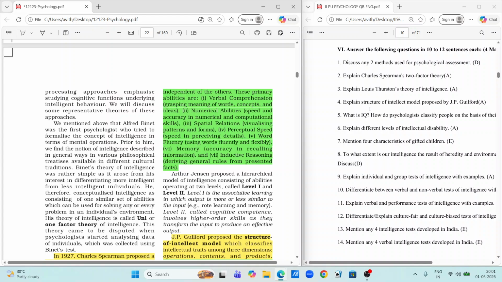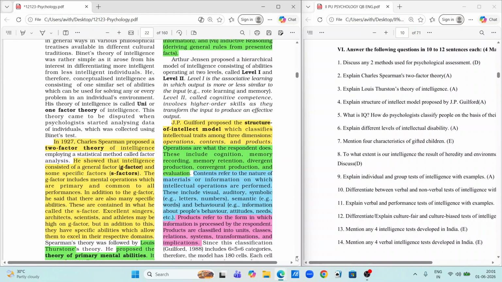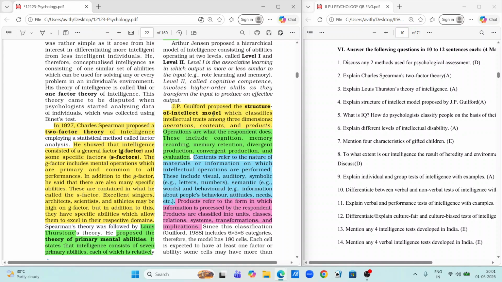Now the fourth question is, explain structure of intellect model proposed by J.P. Guilford. So you will have the answer in the same page. J.P. Guilford proposed the structure of intellect model, which classifies intellectual traits among three dimensions.